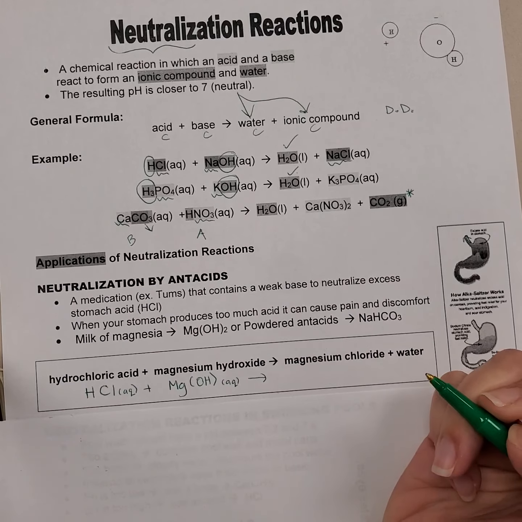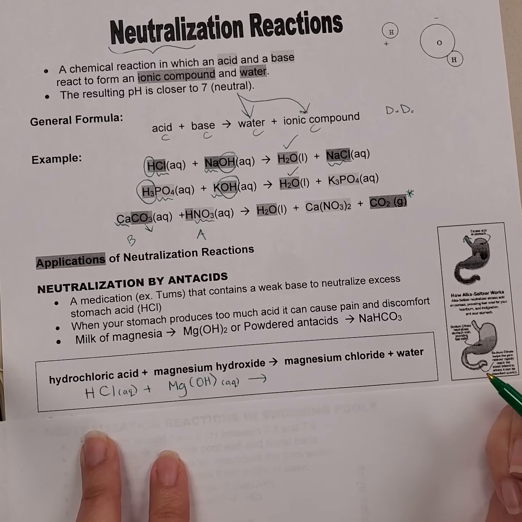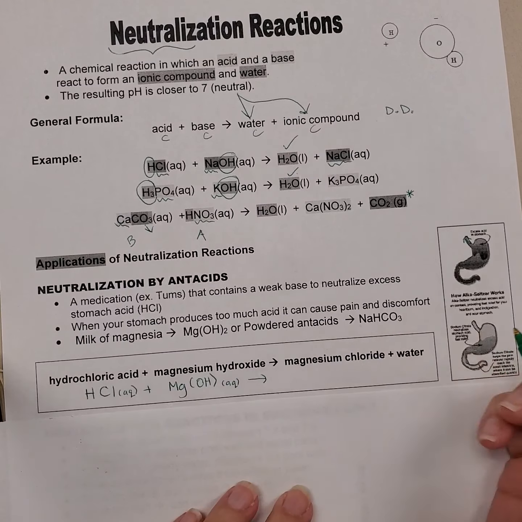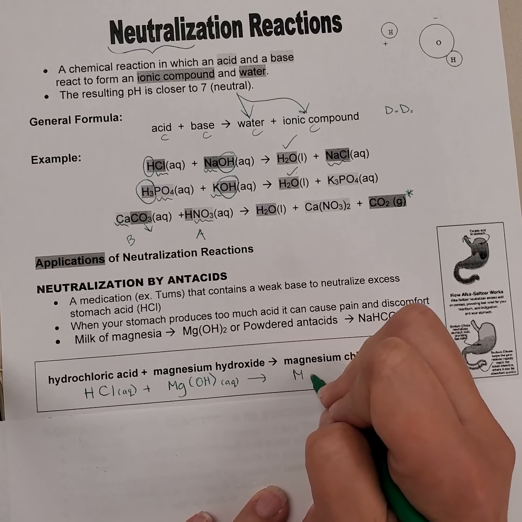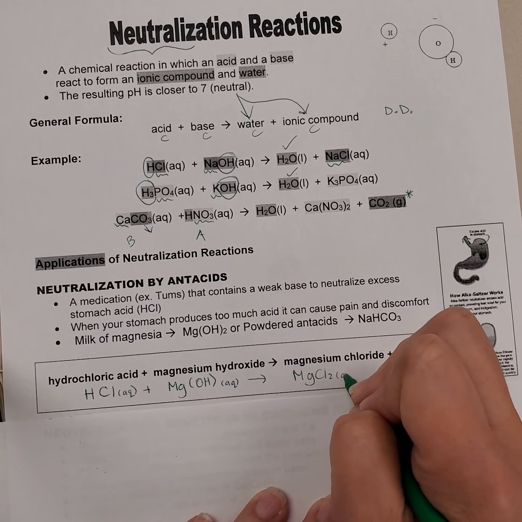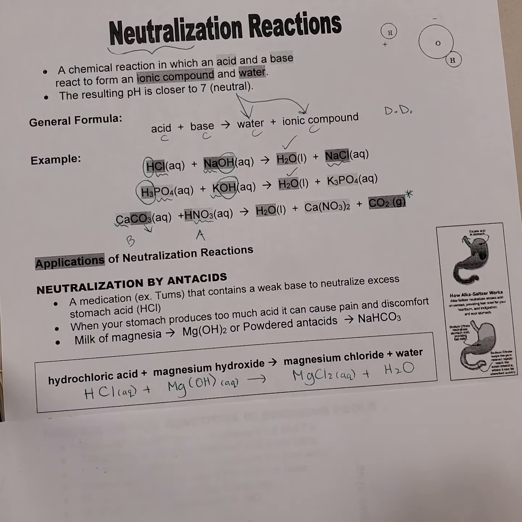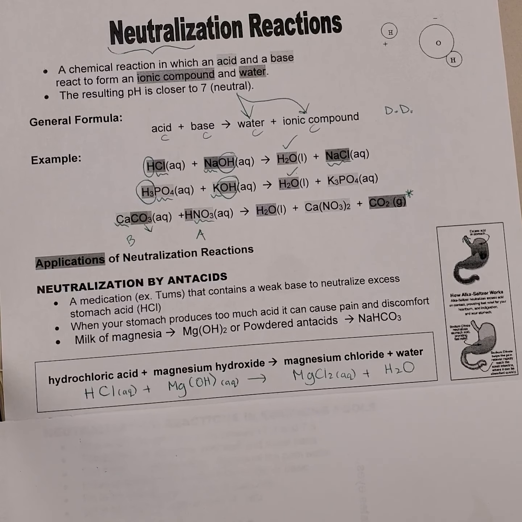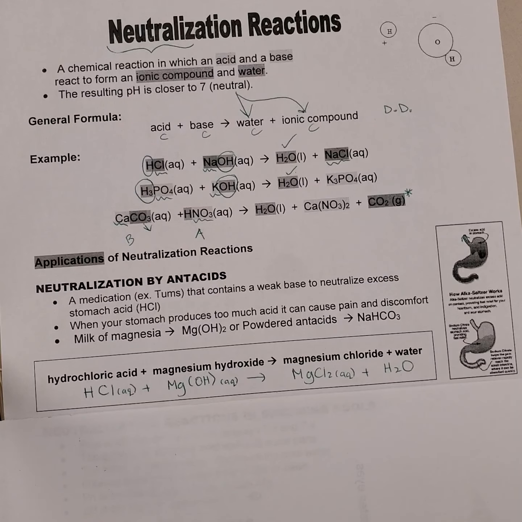What this does is it produces more water, and it's also going to take some of the acid and convert it into water and this magnesium chloride, MgCl2, plus water. So it takes some of the acid that's in the stomach, dilutes it by adding water, but it's also converting it into this magnesium chloride, which will make the person feel better.